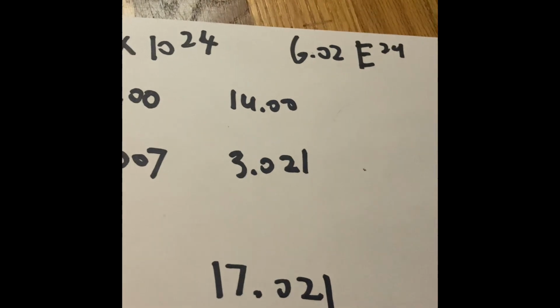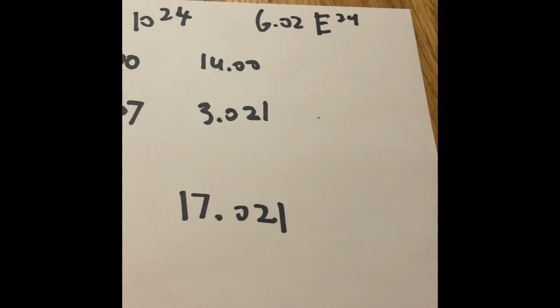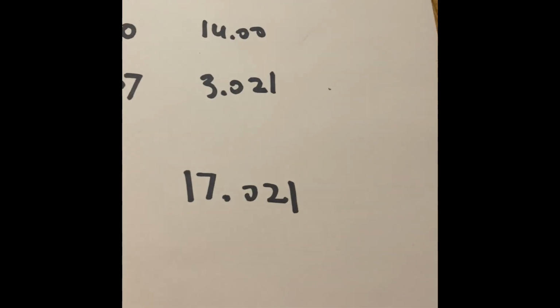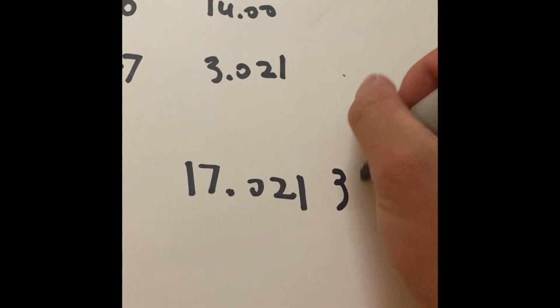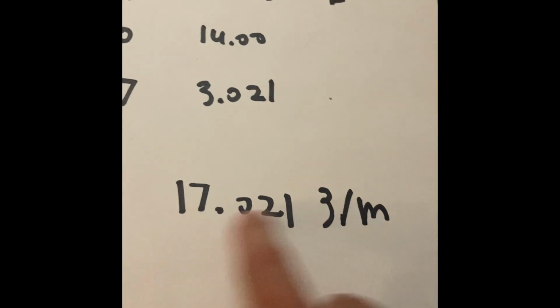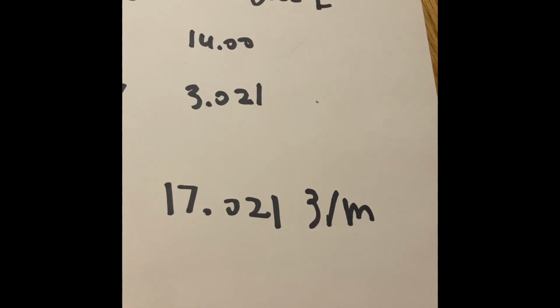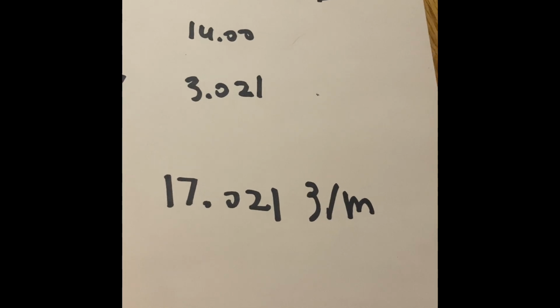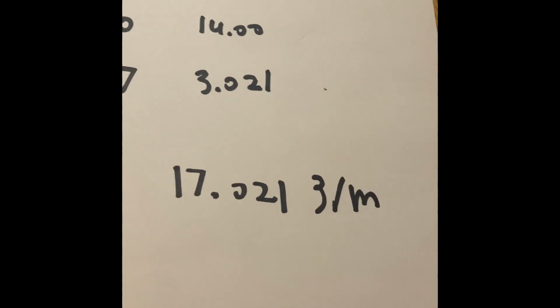17.021. But that's not the final answer to this part. We only found the molar mass of ammonium by itself. So that is going to be grams per mole. If I had 1 mole of NH3, ammonium, it would have a mass of 17.021 grams per mole.